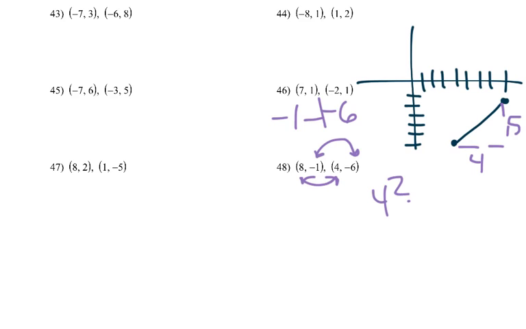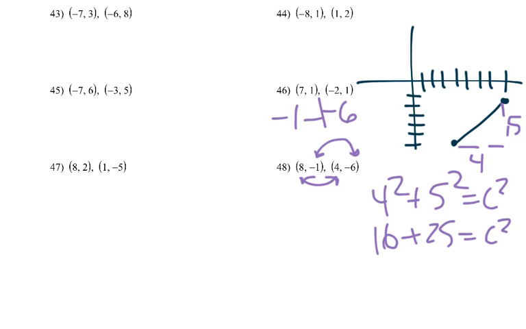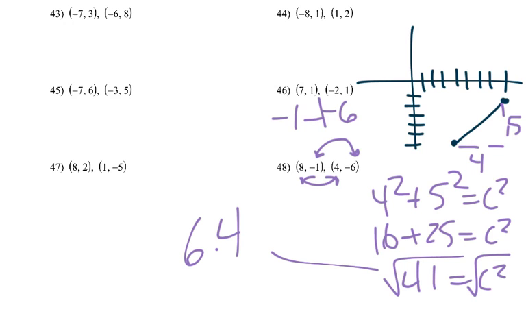So then I go 4 squared plus 5 squared equals c squared. 16 plus 25 would equal c squared. Be 41 equals c squared. Take the square root. I think we did the square root of 41 once. We get 6.4 for our answer, which is essentially doing the same thing that you did in the distance formula. And there we go.